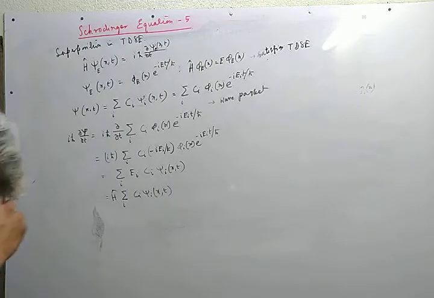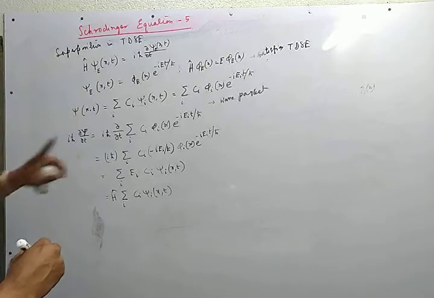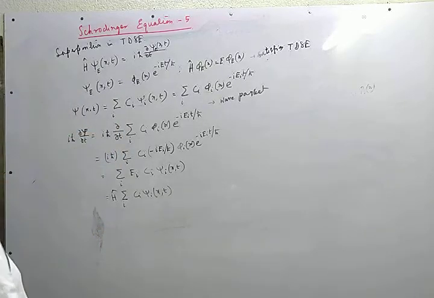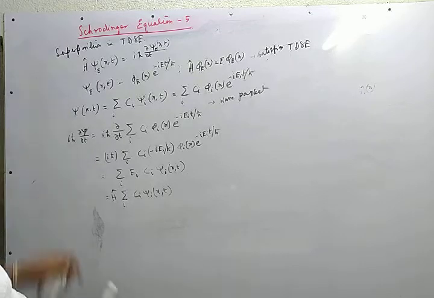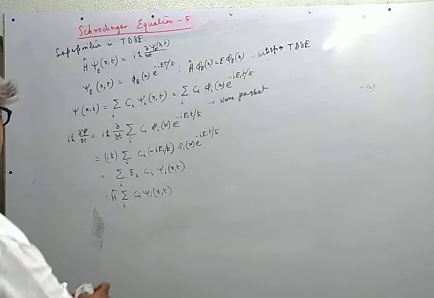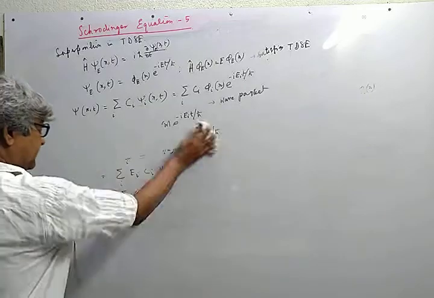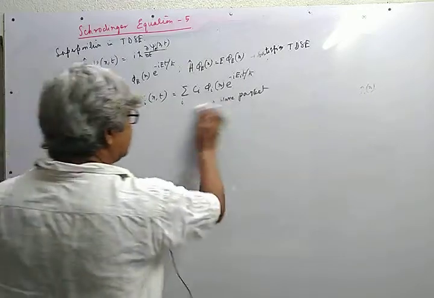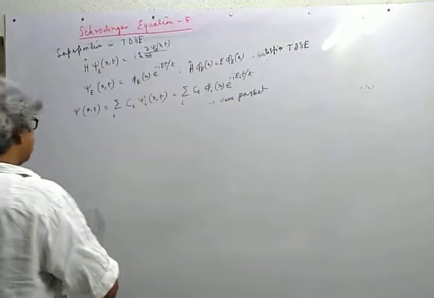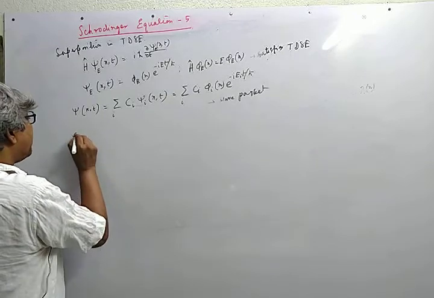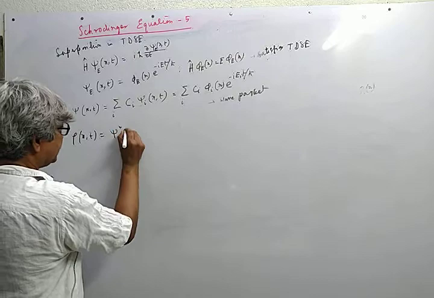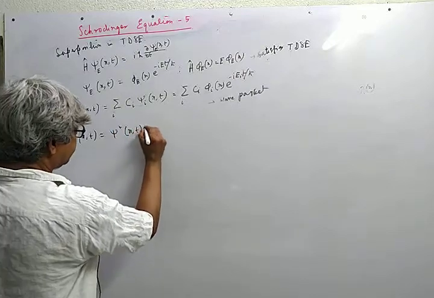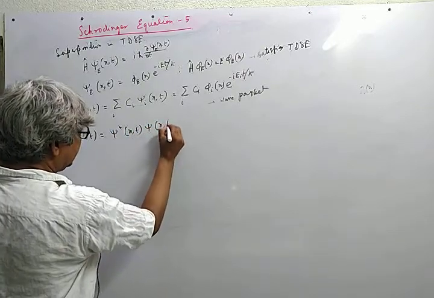Now what is the probability density in this state? The position probability density. If we consider the system in such a superposition of state, the probability density of finding the particle at x and t is equal to psi star of x,t times psi of x,t.